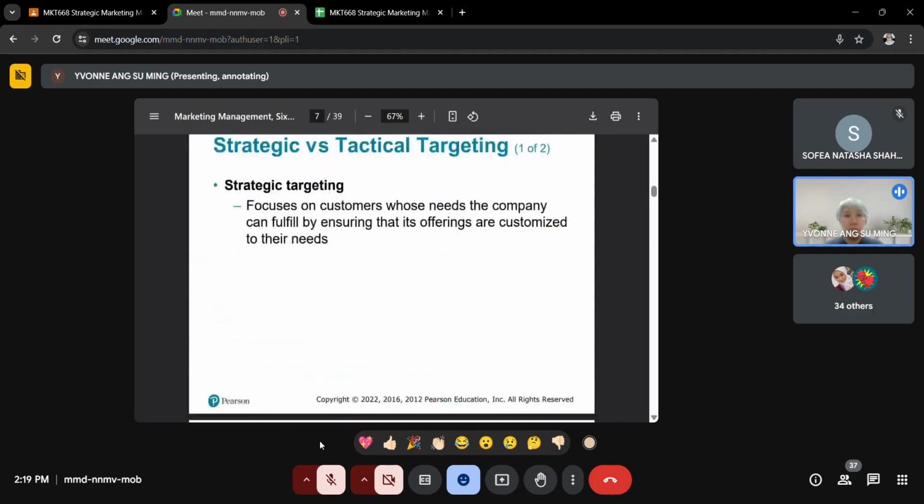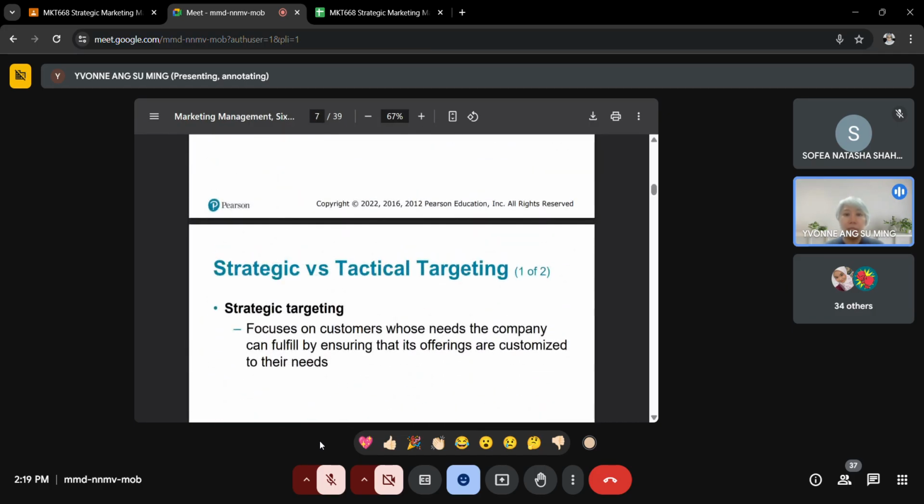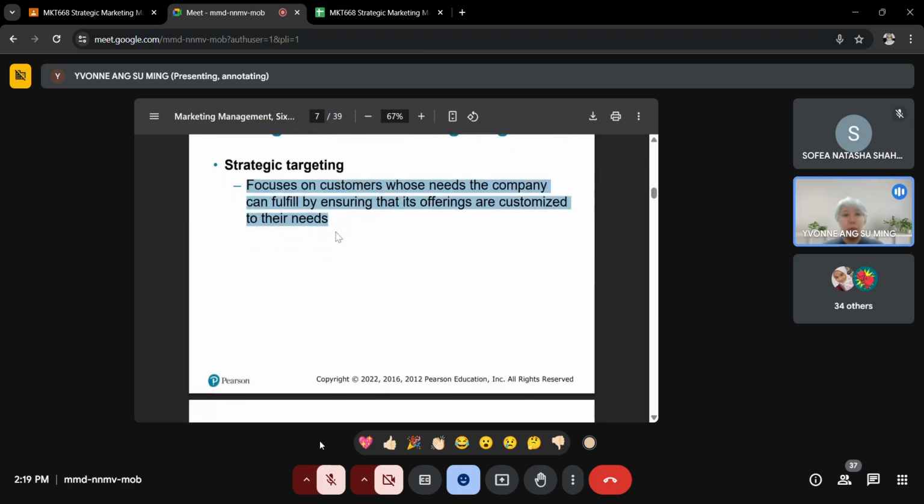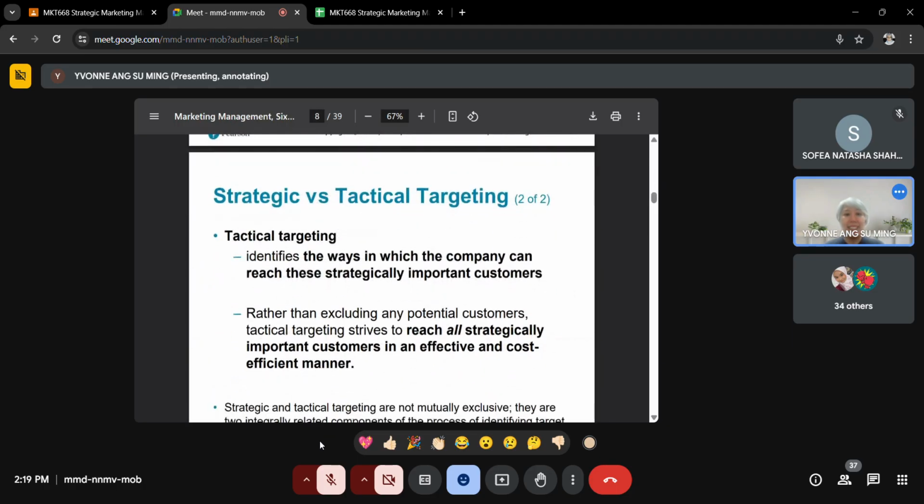Okay, so in strategic they are choosing customer mana yang sesuai untuk kita punya business yang kita boleh satisfy, and then untuk tactical dia mencari apakah cara-cara di mana dia boleh sampai ataupun they can actually reach these strategically important punya customers.